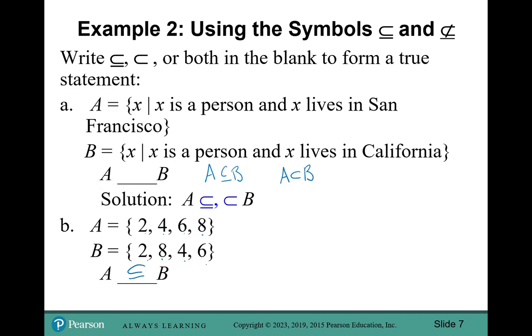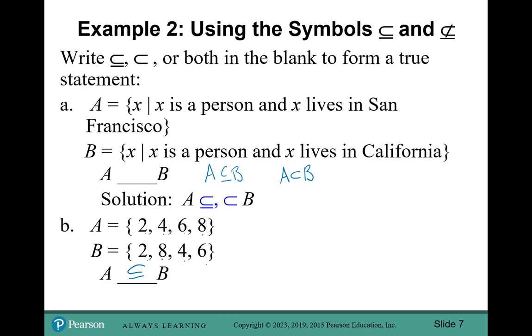But is A a proper subset of set B? This means that A is a subset of B, but it means that A and B aren't equal. Do A and B have all of the same elements? Are there any elements in B that aren't in A?